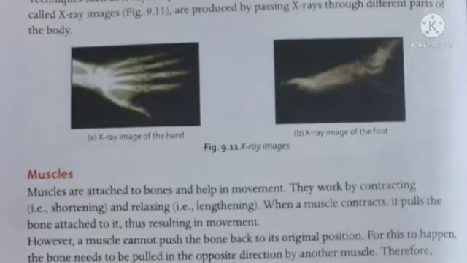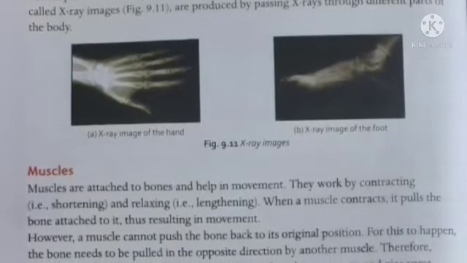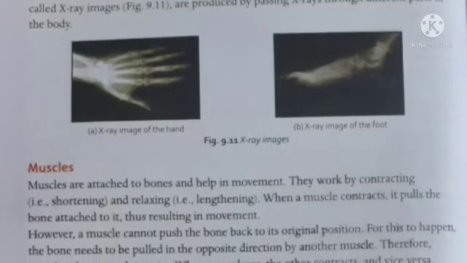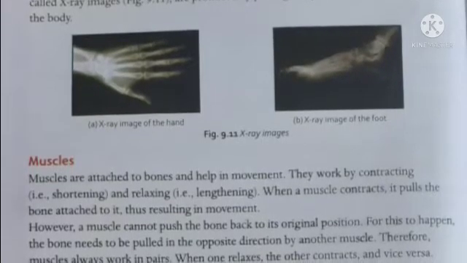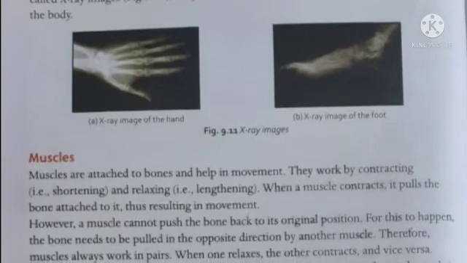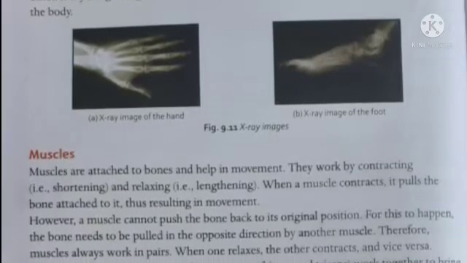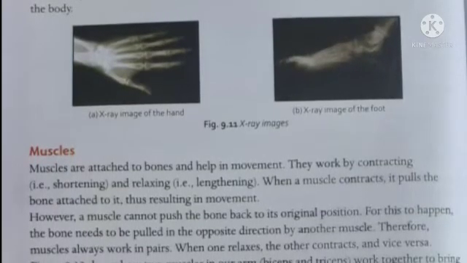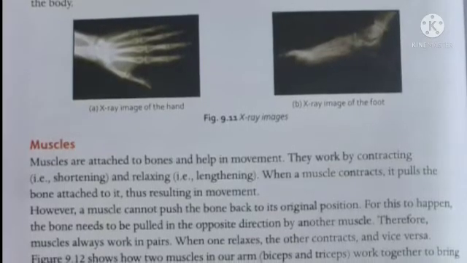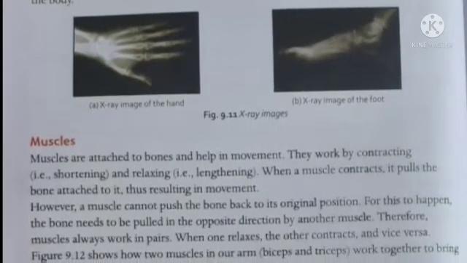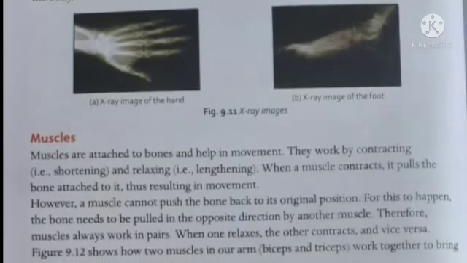That's why they can give the reflection of the bones on a paper. So as you can see in the diagram, figure 9.11, A is the X-ray of the hand, while B is the X-ray of the foot. We basically do X-ray for checking whether our bone is broken or not.